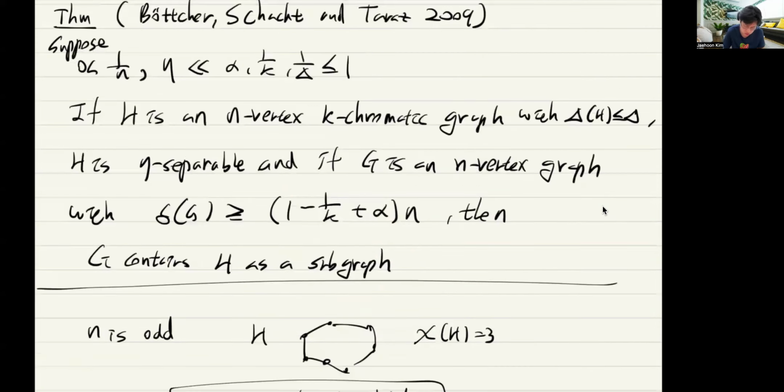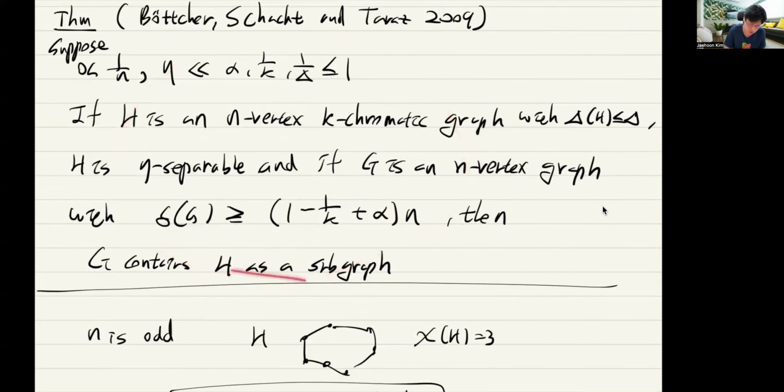So actually there is a more technical version of this theorem saying that if you have H satisfying this, but instead of being k-chromatic, you delete a very small number of vertices, then this is still true.